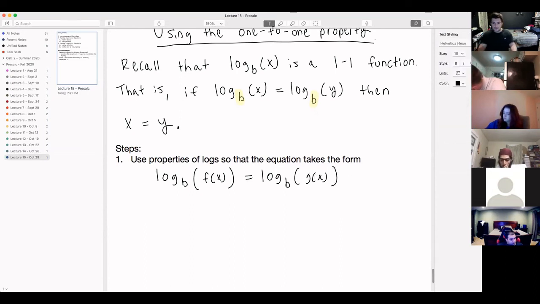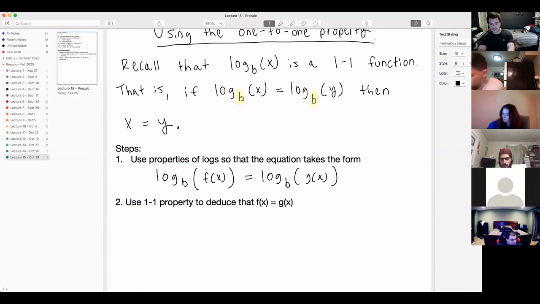Okay, that's step one. Step two is you use the one-to-one property to deduce that f of x equals g of x. Once we're in the situation of step one, we apply the one-to-one property.